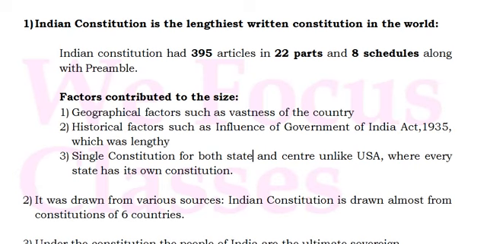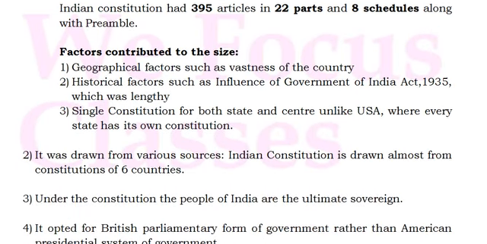We have only one constitution for the entire India. Whereas in the USA, every state has its own constitution. So every need of the people was included in one constitution, and it became lengthy. So there are three reasons: geographical factors, historical factors, and the factor of having one constitution.